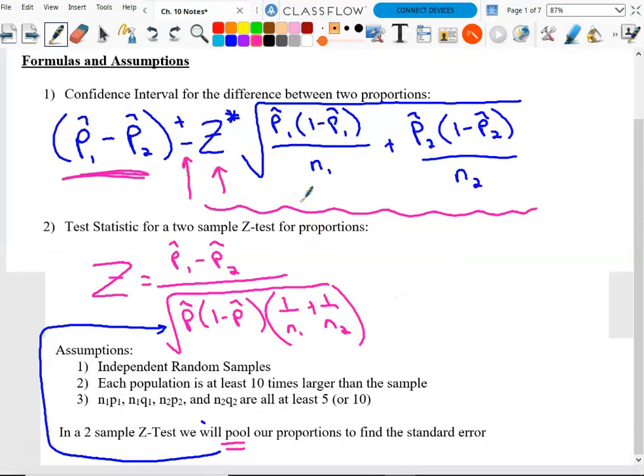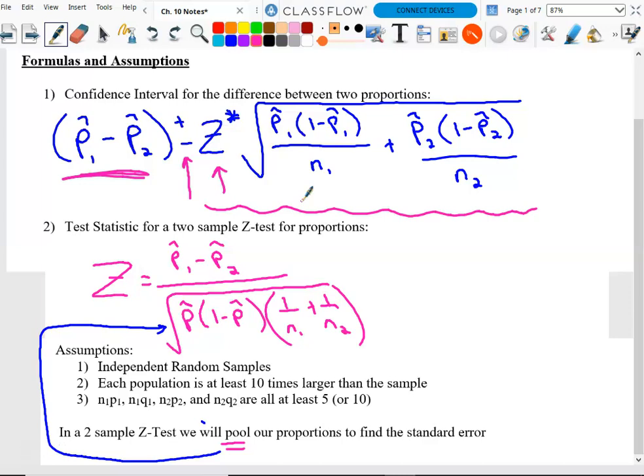So, that would be our confidence interval. And again, the confidence interval is trying to find the true difference in the proportions. I am not talking about the proportion of males versus the proportion of females. I'm talking about how much more one of those groups is than the other, or how much less one of those groups is than the other.